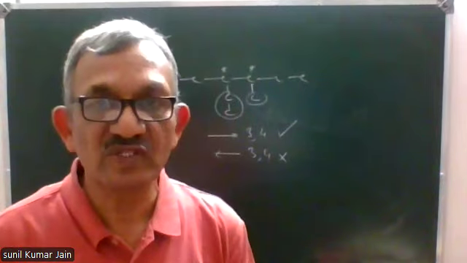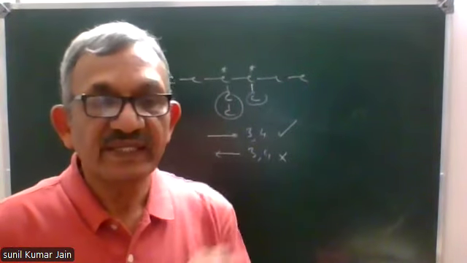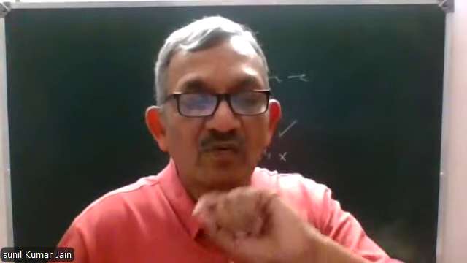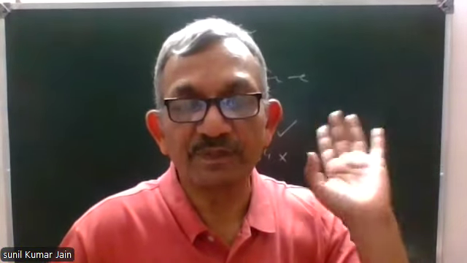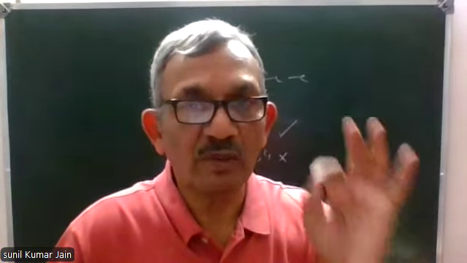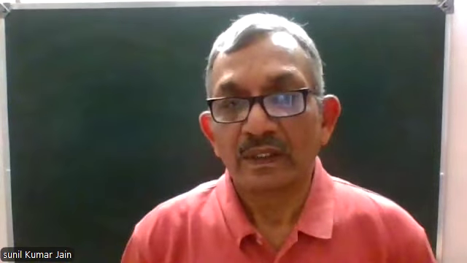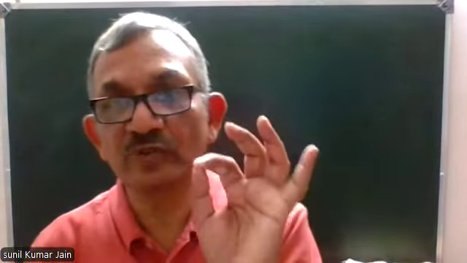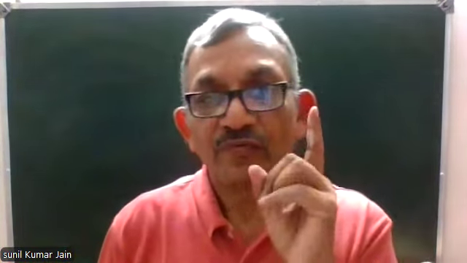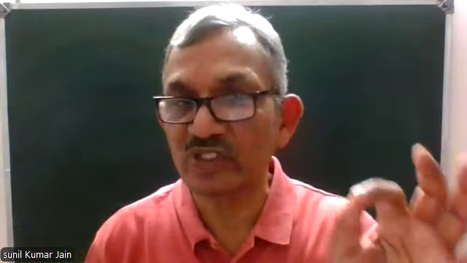Now, the second part of this rule says that if there is one or more functional groups, and any number of substituents are present, in such cases, we should count in that direction in which the functional group of maximum preference is given the lowest position.